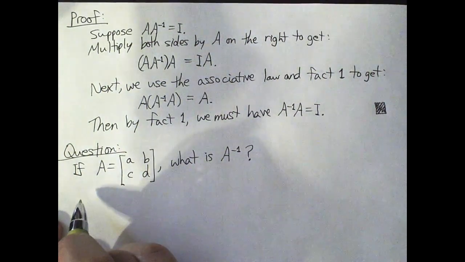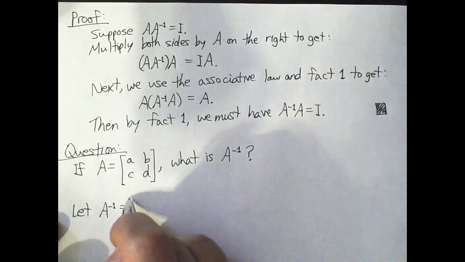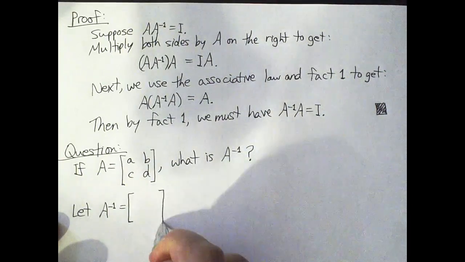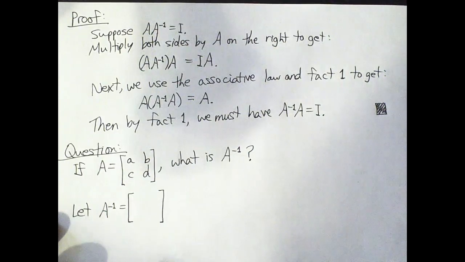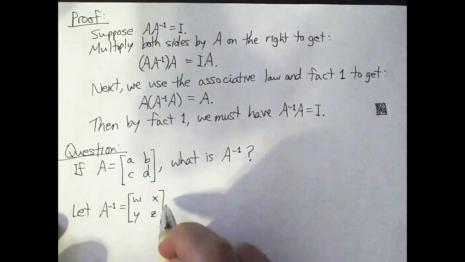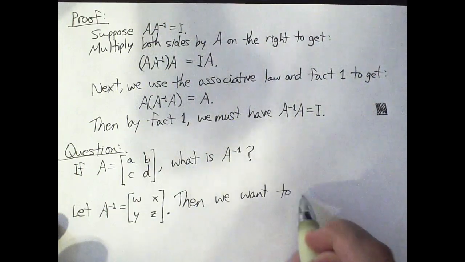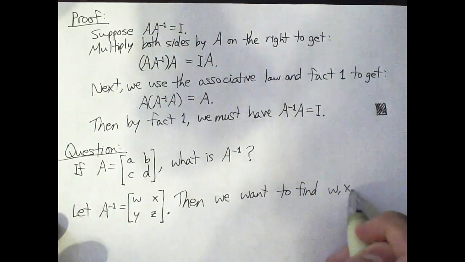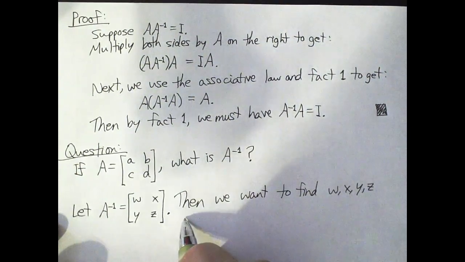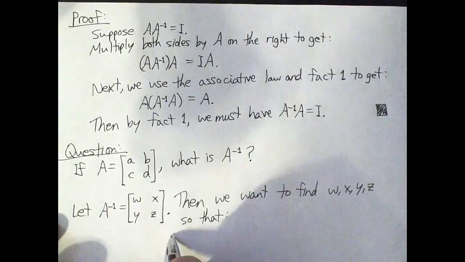To work on answering this, let's suppose A inverse does exist, and that it is also 2 by 2. And let's give these entries a name. I'm going to call them W, X, Y, Z. Then we want to find W, X, Y, and Z so that, what is it that we want to be true?